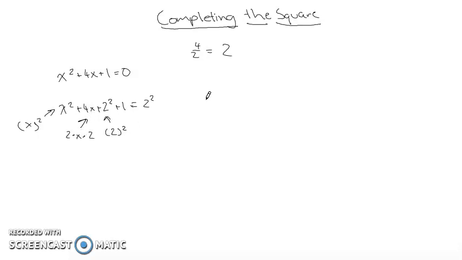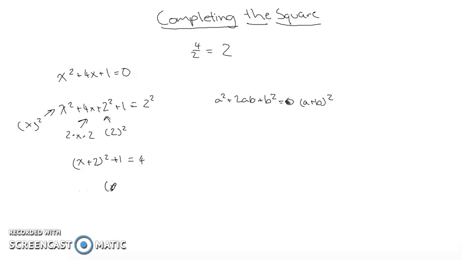So this is the epitome of the equation a squared plus 2ab plus b squared equals, sorry, not equals 0, equals a plus b squared. So a is equal to x and b is equal to 2. So we get x plus 2 squared plus 1 equals 4, because 2 squared equals 4.